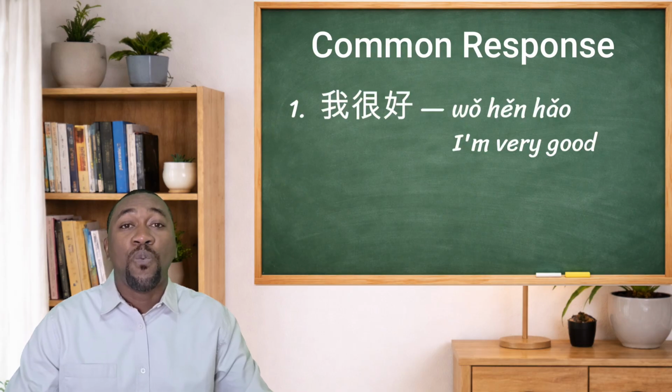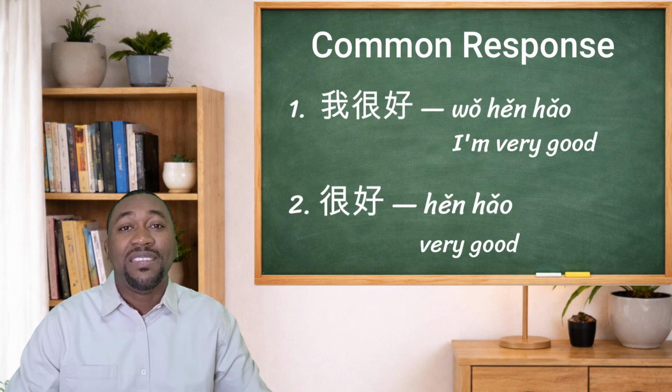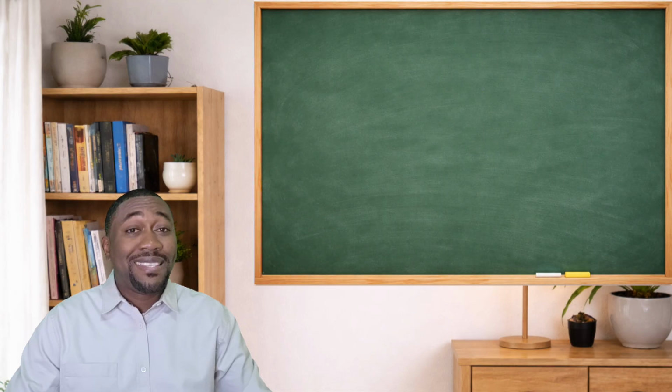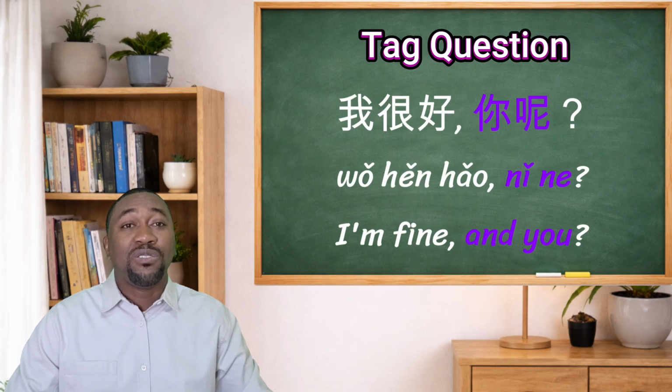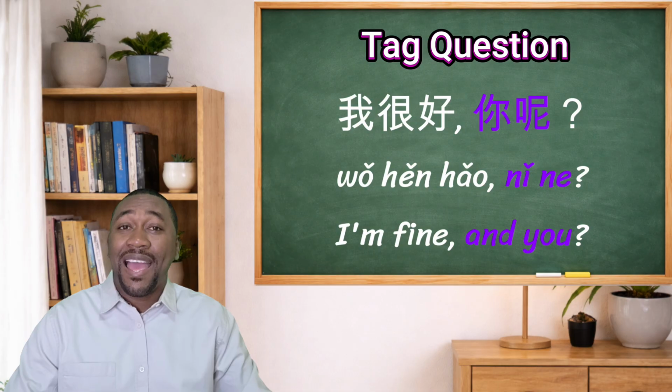So you'll hear 我很好, or simply 很好, followed by the tag question 你呢, asking, and you? So 我很好, I am fine, I'm doing well. 你呢, and you? Or simply 很好, 你呢? Very good, and you?